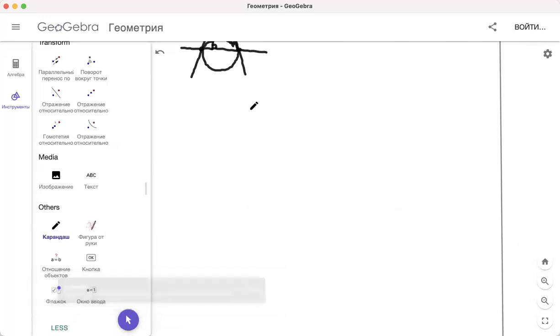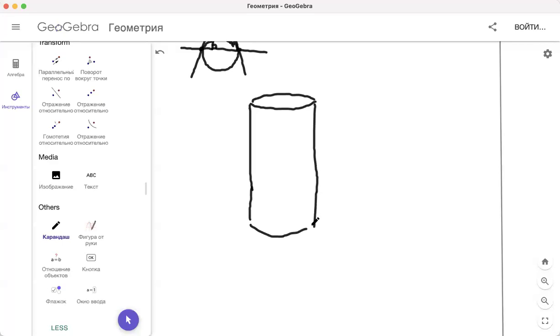For example, if you consider a cylinder, the classical Dandelin construction is the following one.